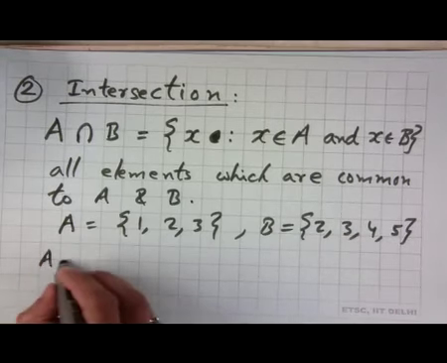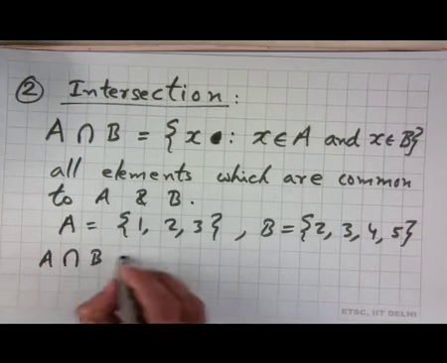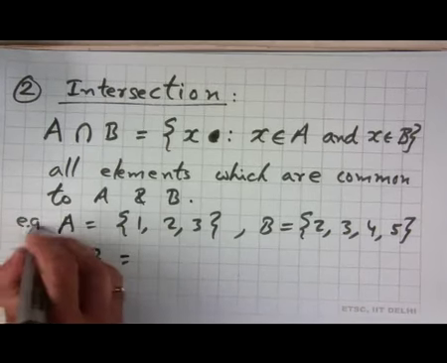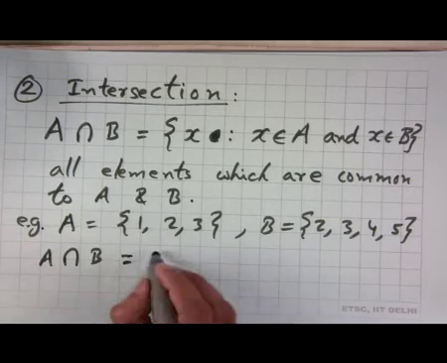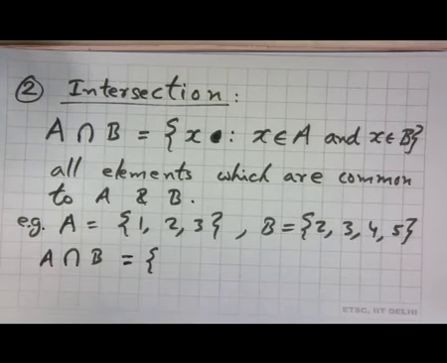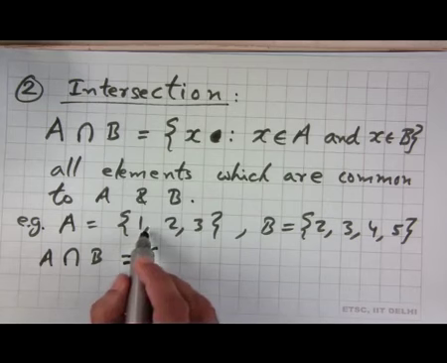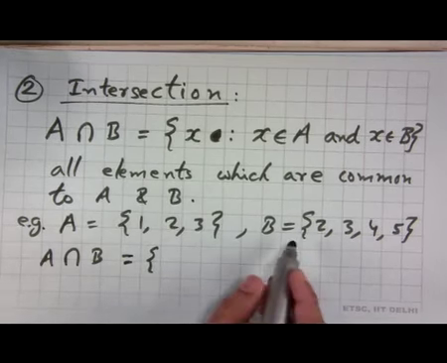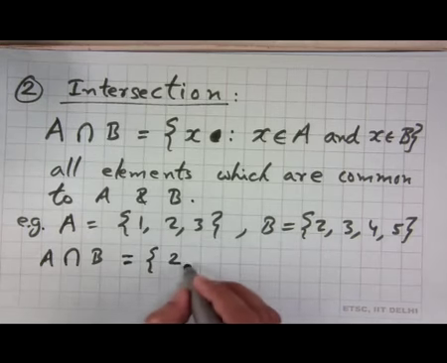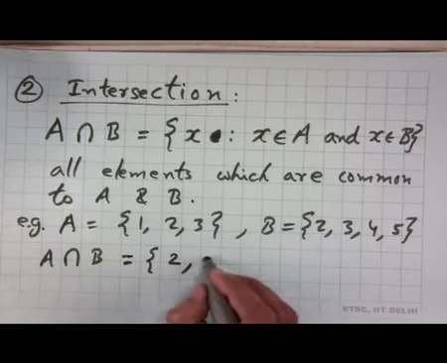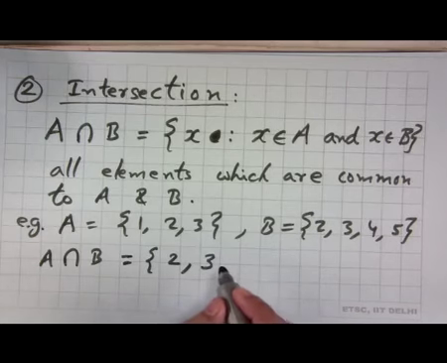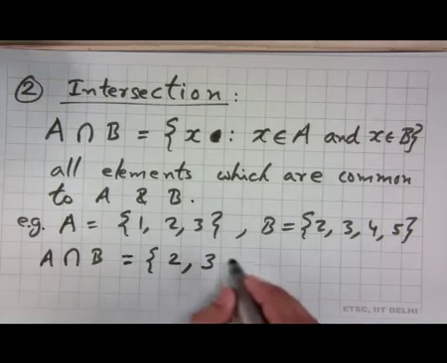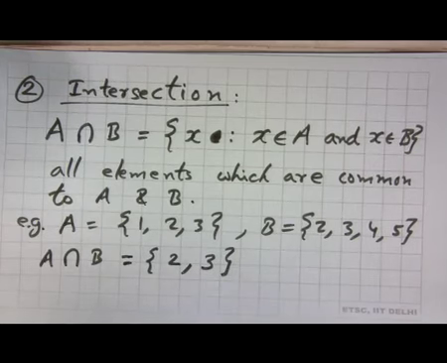When we write A intersection B, we look at all the elements which are in both A and B. 1 is in A, but not in B. So, 1 is not in A intersection B. 2 is in both A and B. So, 2 is in the intersection. 3 is again in both A and B. So, 3 is also in the intersection. Then 4 and 5 are not in A. So, A intersection B consists of only these two elements 2 and 3.